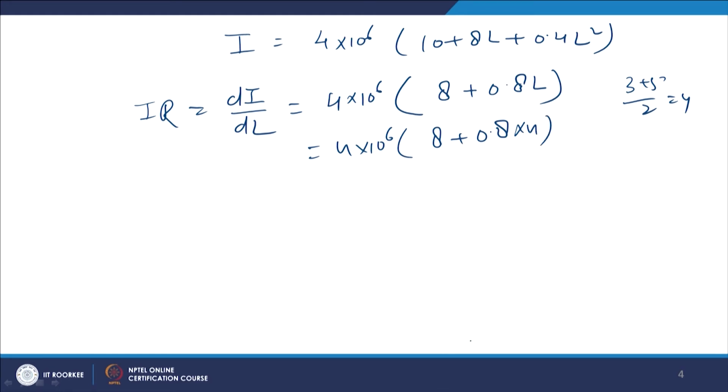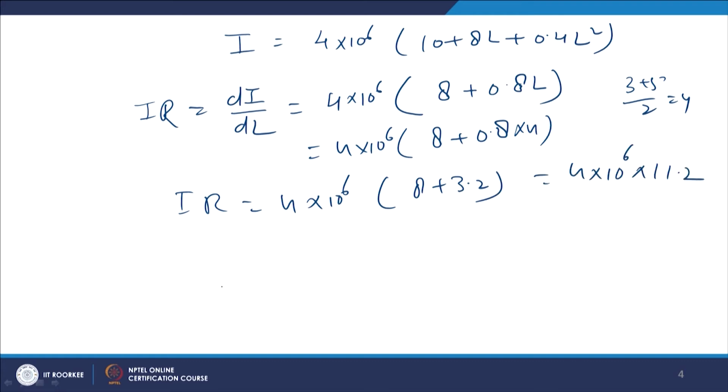And when L is equal to 4, the incremental rate is 4 into 10 to power 6, 8 plus 3.2, which is 4 into 10 to power 6 into 11.2.